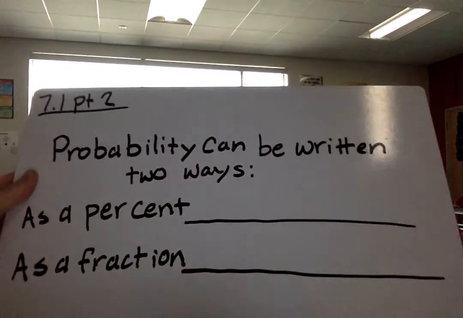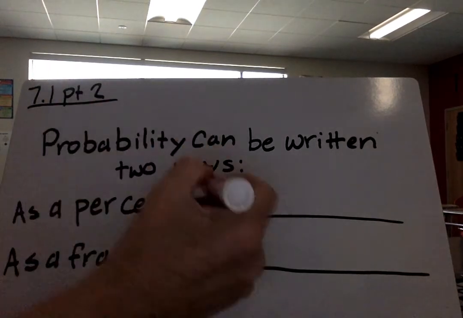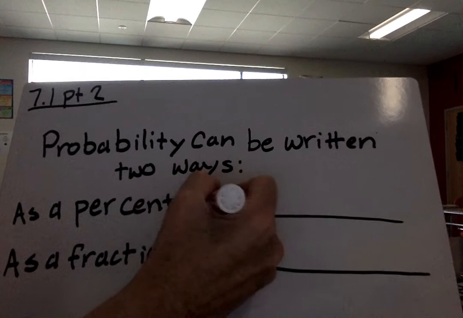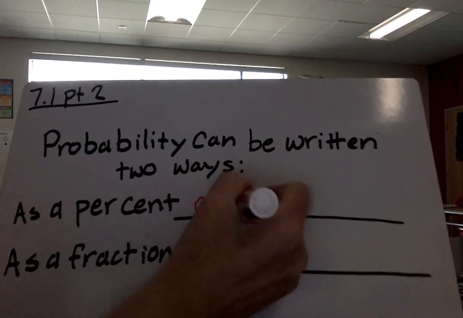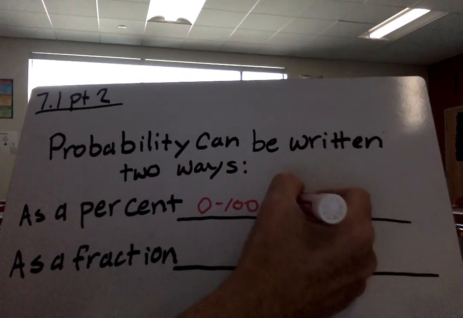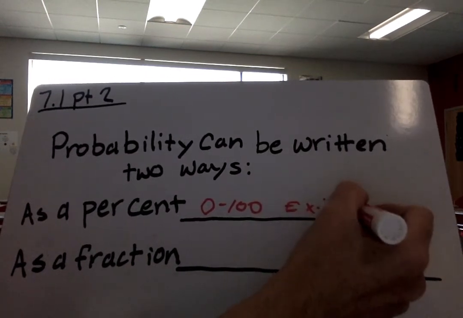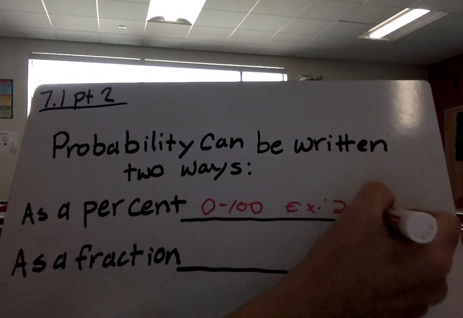Okay, we know that probability can be written in 2 ways. It can be written as a percent, and if you write it as a percent, it's between 0 and 100. As an example, it would be maybe 25% or 1/4 of the time.